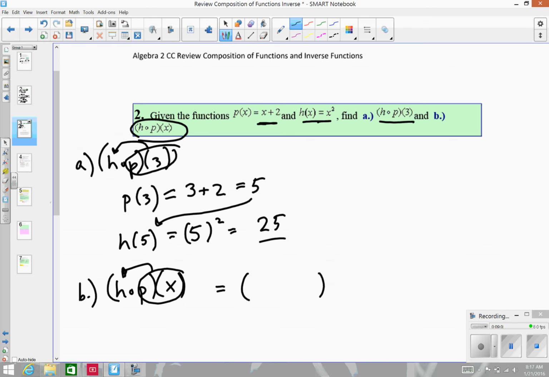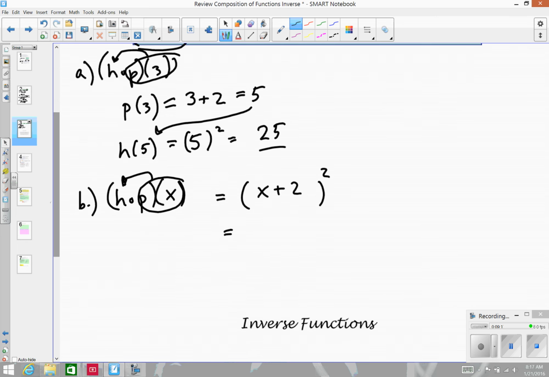I'm substituting something in for x, and that something is my p of x, which is x plus 2. So this is a binomial squared, should give me a trinomial, 3 terms I should end up with. You can use the box method to multiply that out. If you do, you get x squared plus 4x plus 4. And that is h of p of x.